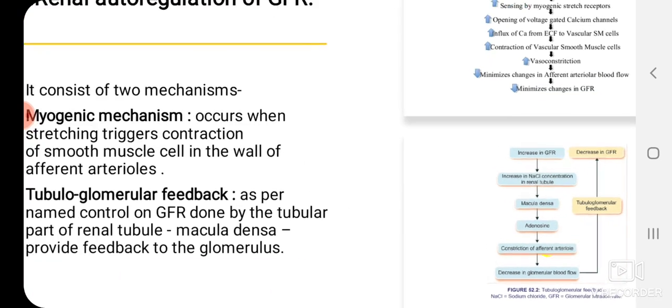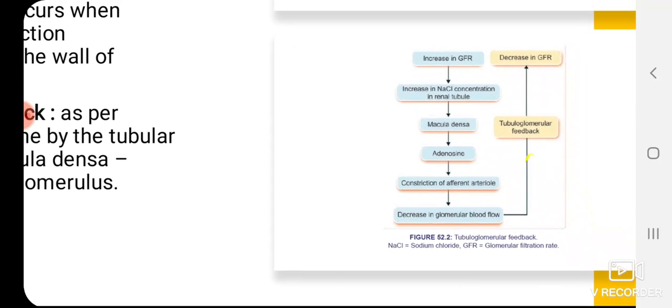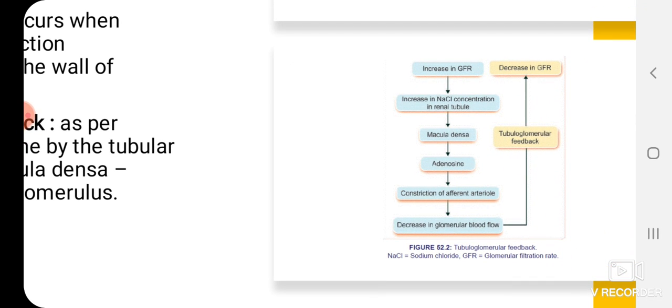Okay, so we see the figure. There is an increase in the glomerular filtration rate. If the glomerular filtration rate increased, what happens? There is an increase in sodium and chloride concentration in the renal tubule, because if flow is more, no more substance can be absorbed by the renal tubule.